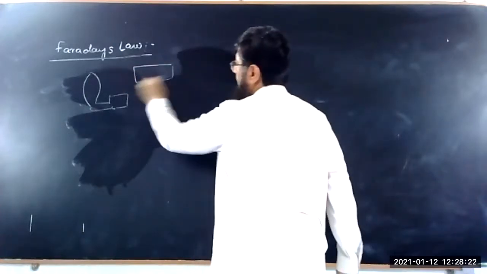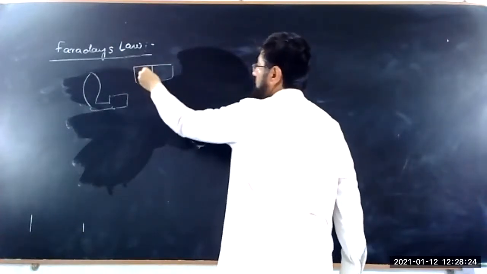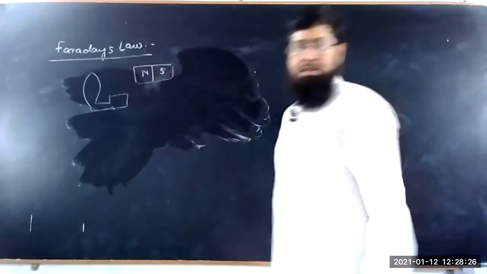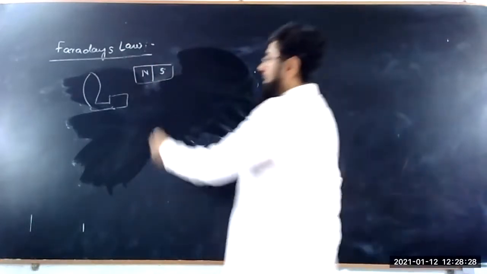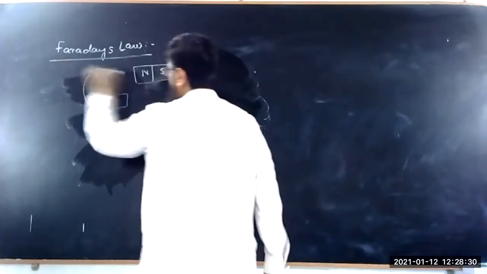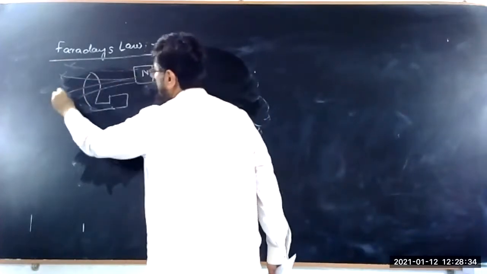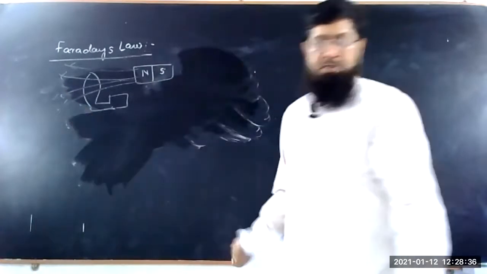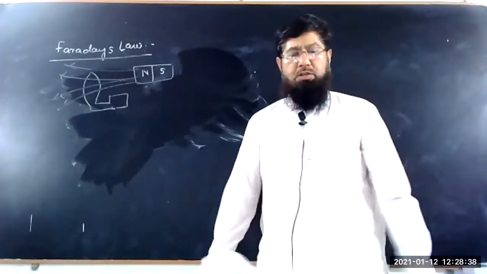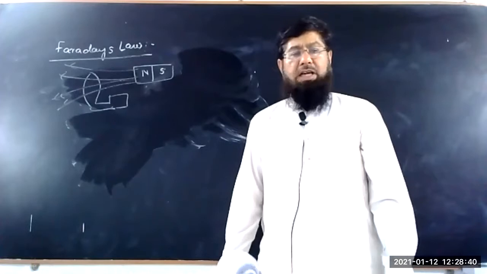This is the magnet, whose north pole is here and south pole is here. The magnetic lines of force pass through the coil. So the question is whether this magnetic flux passing through the coil changes with time.